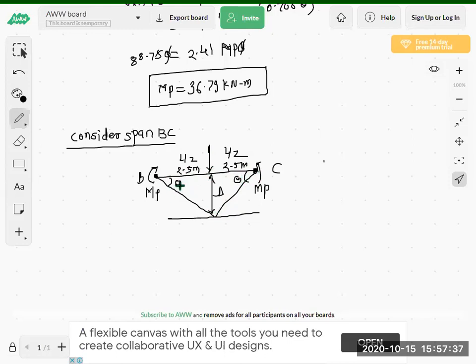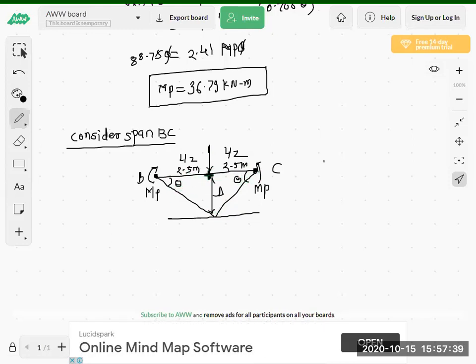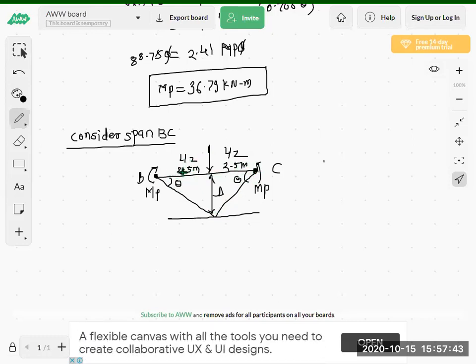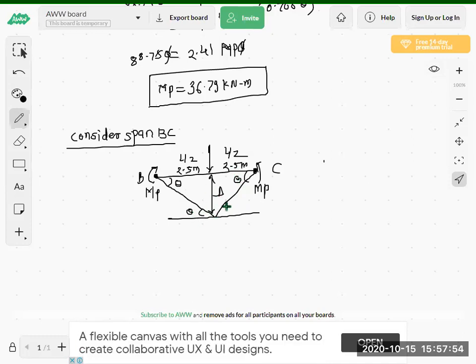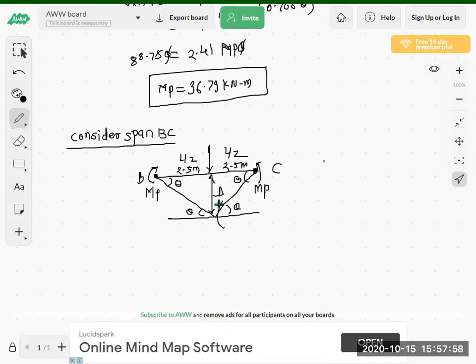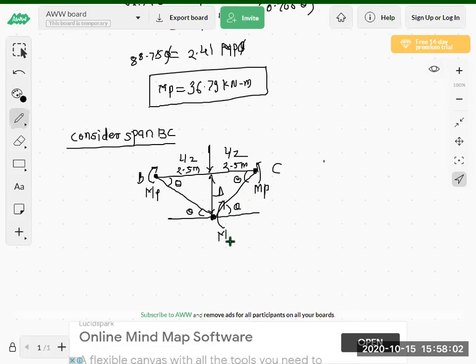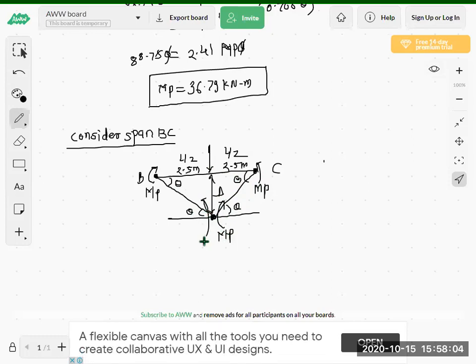So the rotation will be theta and theta. Why theta and theta? Because this is 2.5 and this is also 2.5. If these distances vary, then if the rotation here is theta, the rotation there will be theta 1. Are you getting it? So again this will be theta, this will be theta. So due to this point load here, again a hinge will form. So again the moment will be present here.